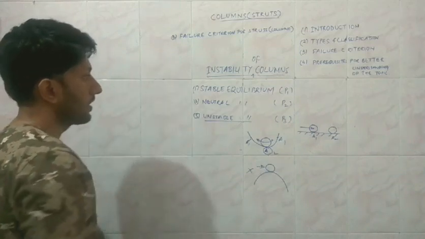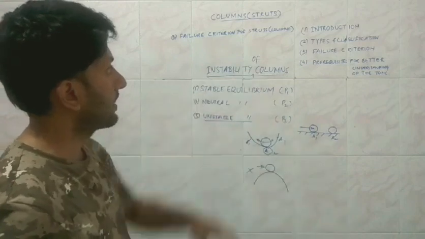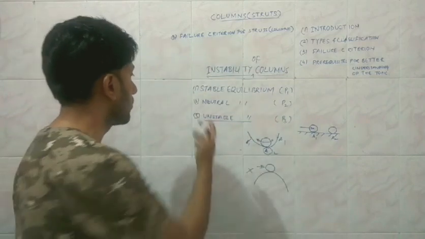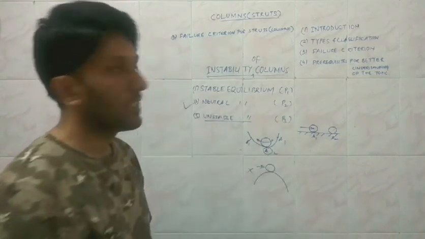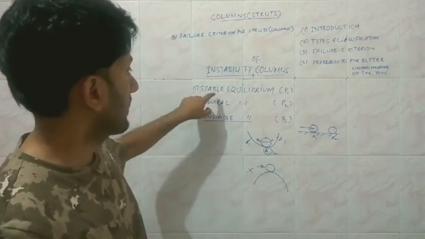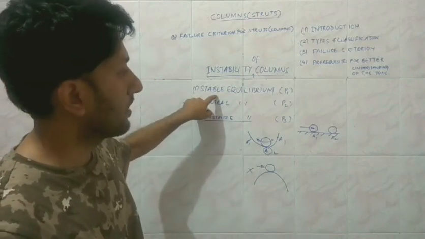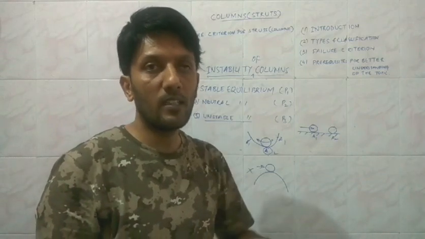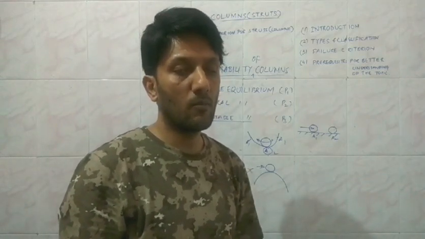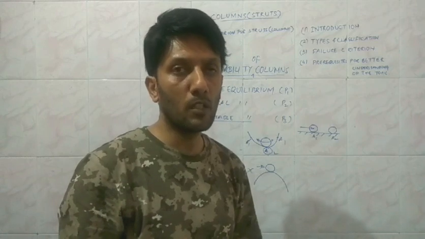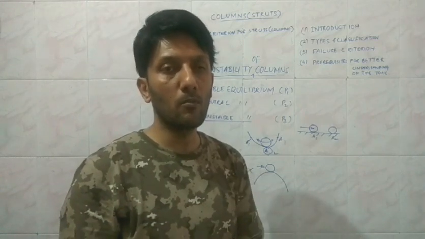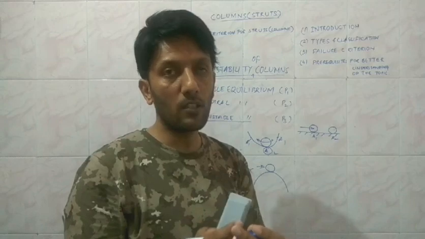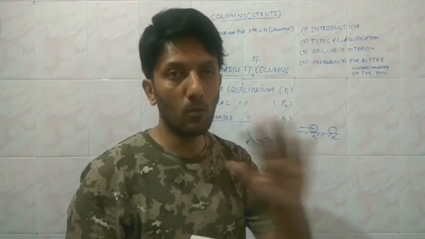So the failure criterion for the struts actually is the load corresponding to the neutral equilibrium condition, because stable equilibrium reflects any load which is lower than the neutral load, and whenever the load or the disturbance is removed, the component is going to regain its equilibrium state more safely.